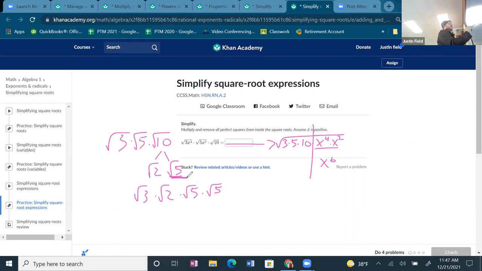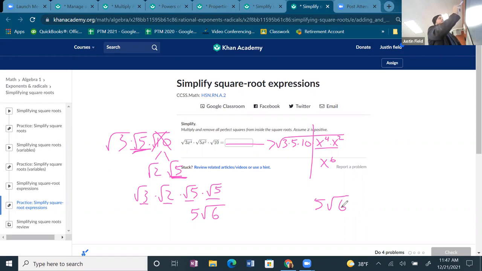See, because I got this root 5 and this root 5. And the square root of 10 is broken down into 2 and 5. And so what do we say about this? That's just 5. And then what about these? They're both under the square root. So we could multiply them together. 3 times 2 is 6. So the first part of this answer is 5 on the outside, square root of 6 on the inside.